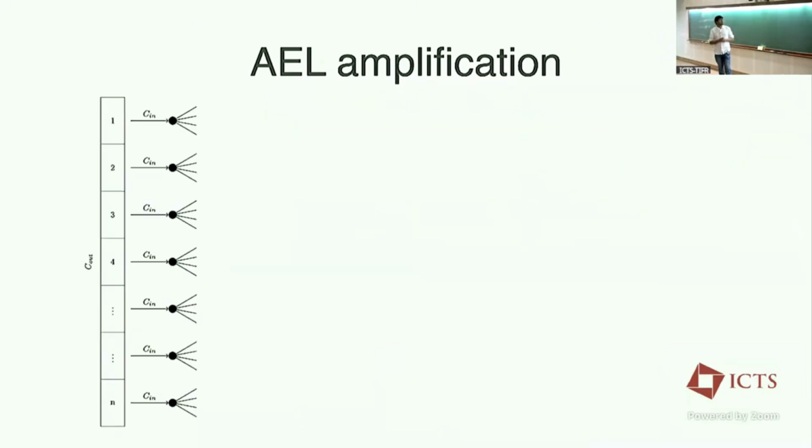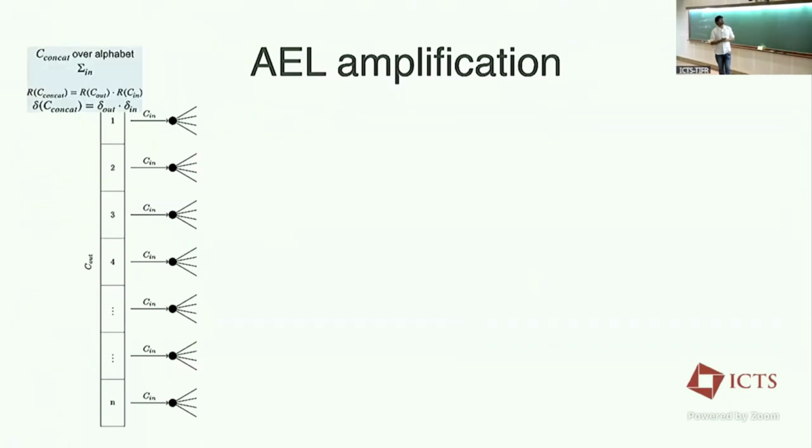Okay. The AEL amplification, again, Madhu described a lot of this, but just to reiterate, you start with this base code, which can be seen as an outer code in a concatenation scheme where you encode your message into a big message over a large alphabet, and then each alphabet symbol of the coordinate is encoded by a further inner code, the same inner code.